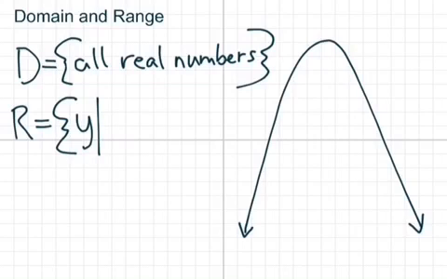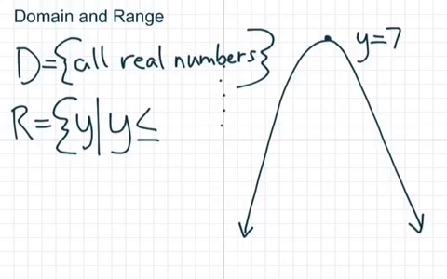So depending on if you have a maximum or a minimum, let's say our vertex is at y equals 7, our maximum point. So the range then is all values of y less than or equal to 7.